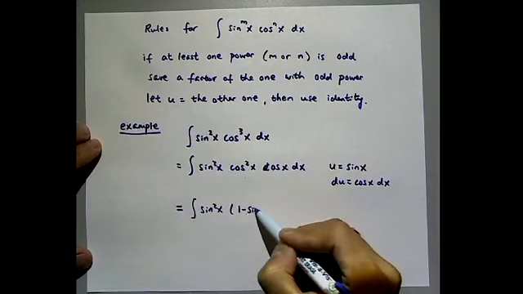But everything else has to be in terms of sine in our example here. So u squared, 1 minus u squared du. Simple integral again. And in the end, we get this thing.